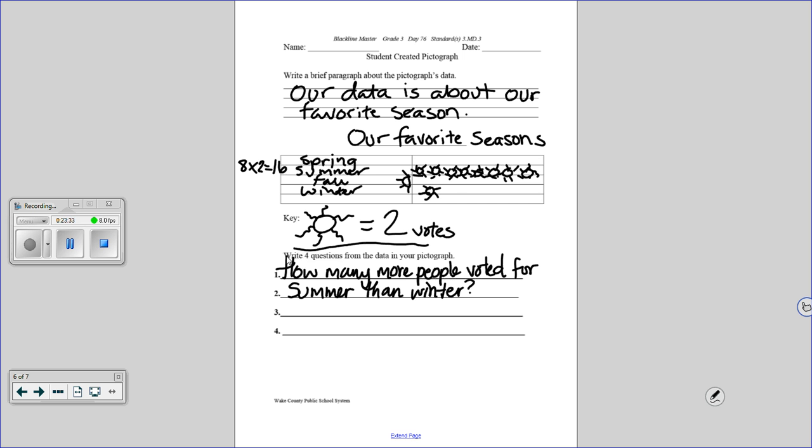Anyone, you want to give it a try? Is it plus 2? Am I adding summer and winter together? Take away 2. I have my summer friends, and I want to know how much more than winter. 16 subtract 2 is going to be 14. Great question. 14 more people voted for summer than winter.